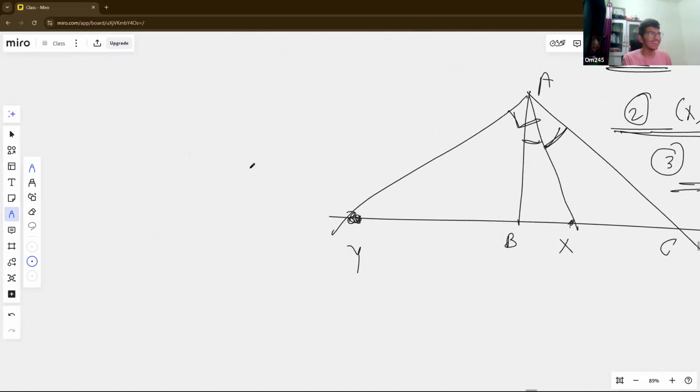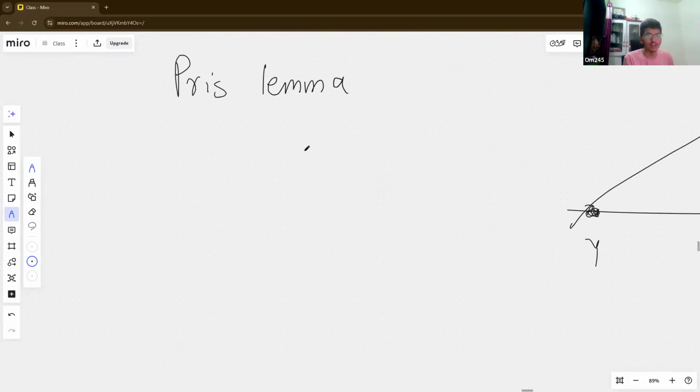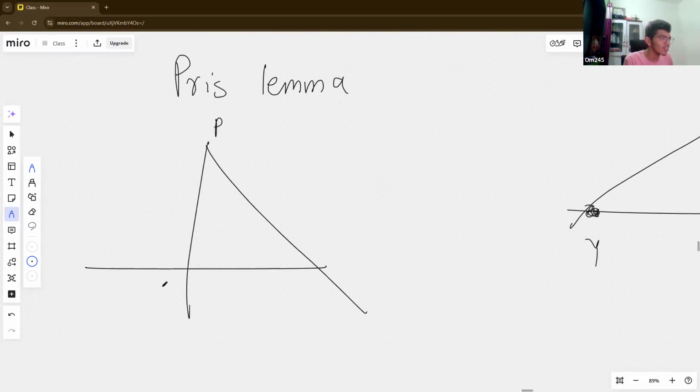And there is another very useful lemma, Prism's lemma, which is, now I have to remember it. If I'm not wrong, it's A, B, C, D. The cross ratio of A, B, C, D, and A dash, B dash, C dash, D dash. You can define cross ratio anyhow.